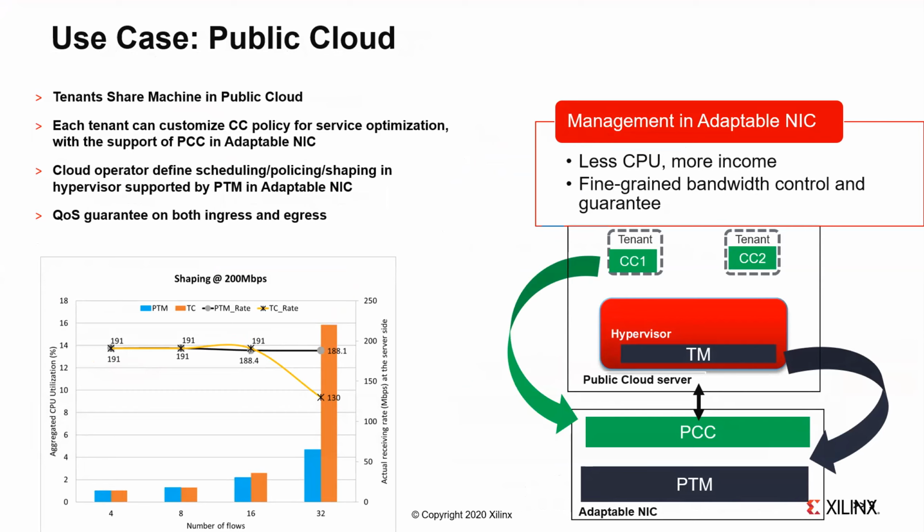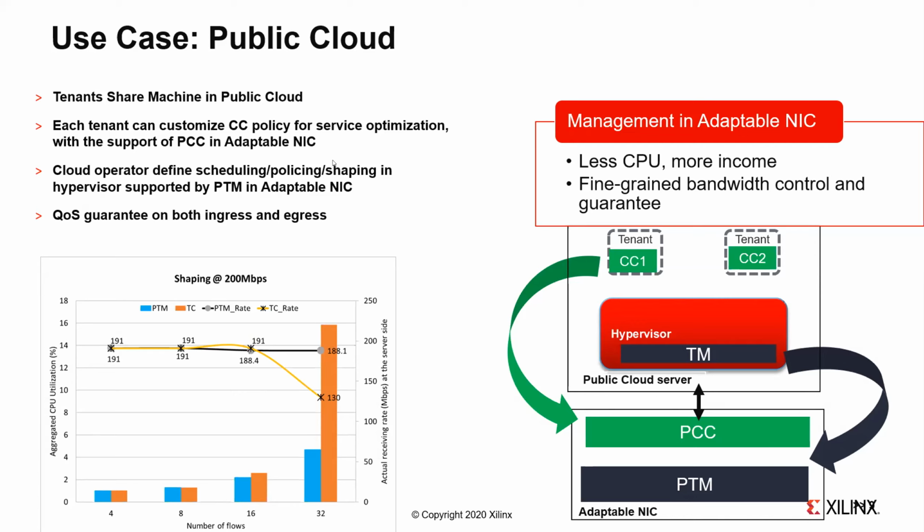Here we listed two broad scenarios. In one scenario, we would like to use the public cloud as a use case. In the public cloud, there will be multiple tenants sharing a single physical machine, right?